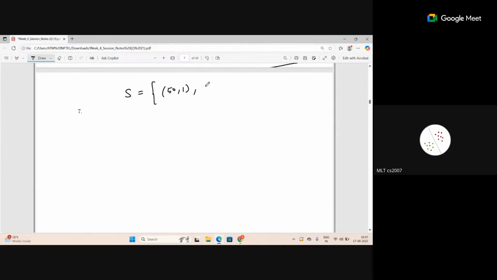So let's say you have a data set like this. I'm taking a simple data set: 50 comma 1, let's say 40 minus 1, and let's say 30 minus 1. Fine. This is the simple data set.